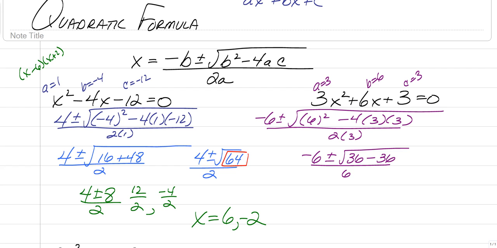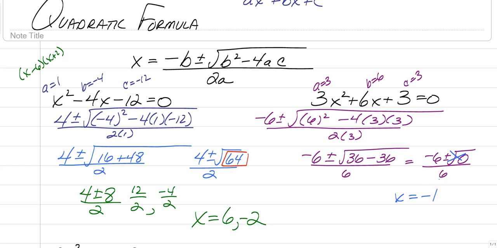And now I want you to again take special note of the fact that we have -6 plus or minus 0. And that, of course, is all over 6. Again, the square root of 0 is 0, so that's just going to go away. So you just have -6 over 6, and we're going to have x is equal to -1.